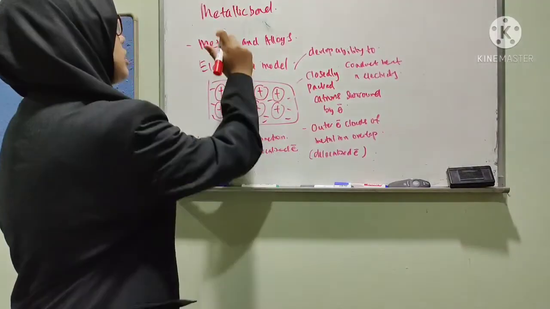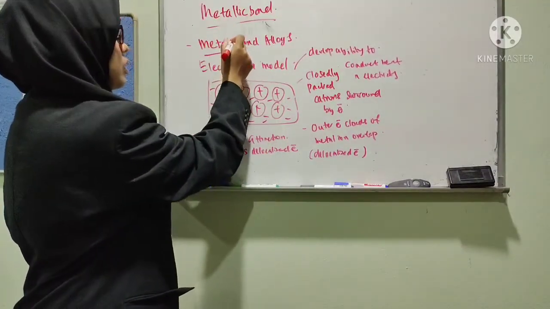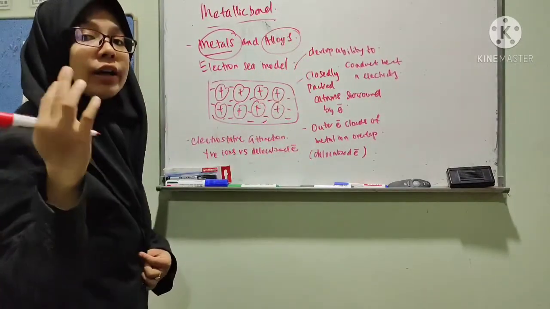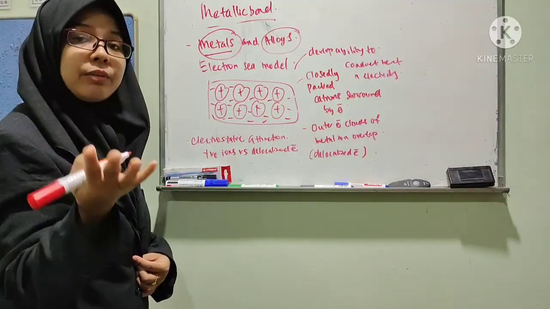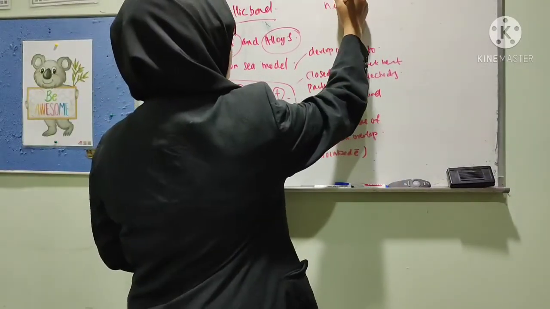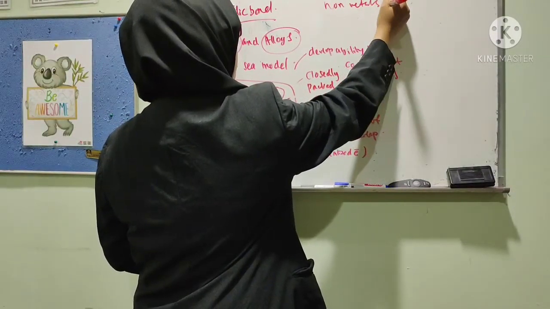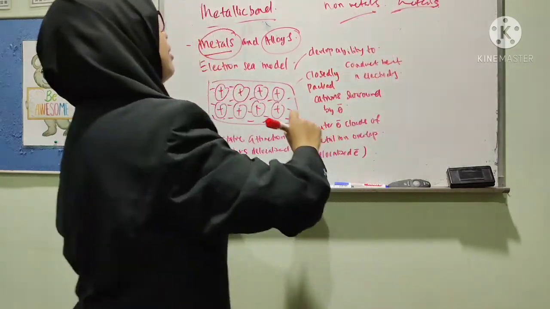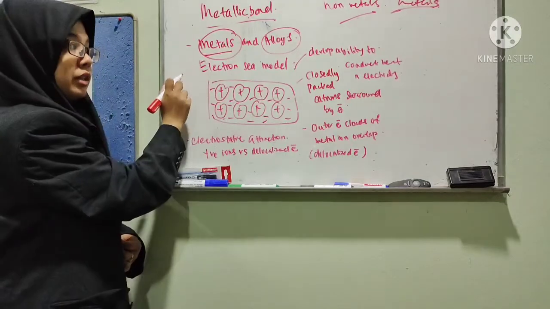While metallic bonds consist of only metals and alloys, the ionic bond that has the transfer of electrons consists of non-metals and metals. But the metallic bond consists of only metals.